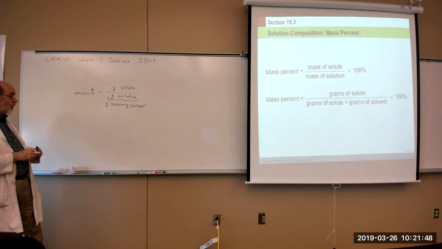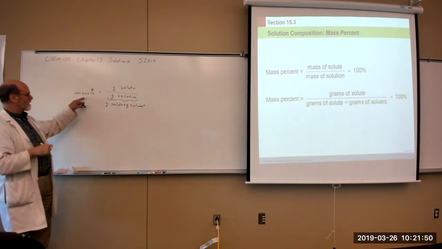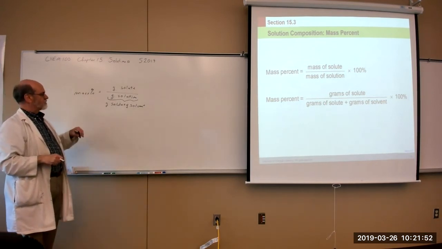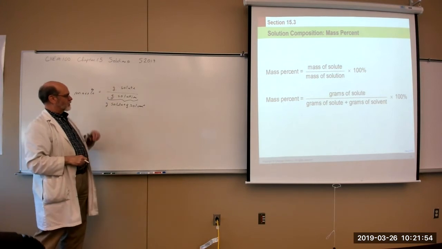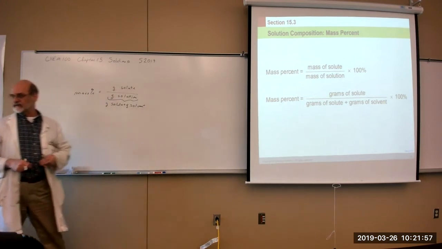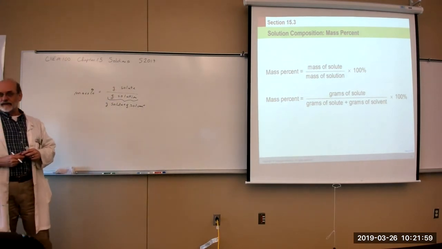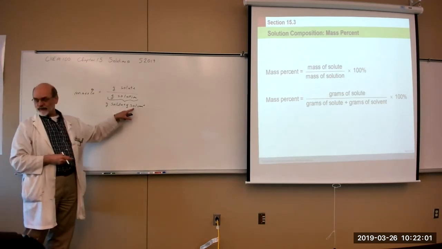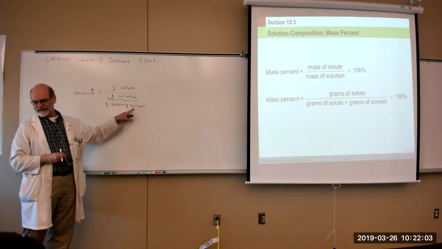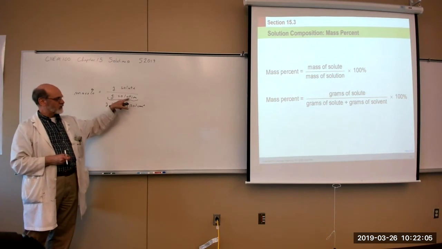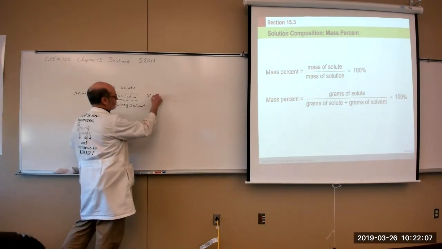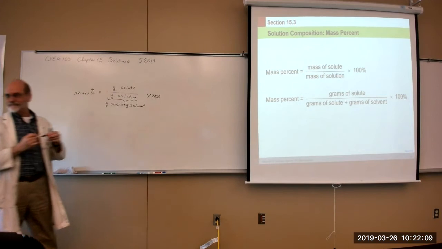If you're given a problem to calculate the mass percent, and it says you've got so many grams of solute and so many grams of solvent in that solution, don't forget to add the solute in with the solvent for your denominator, because it's grams of solution times 100.